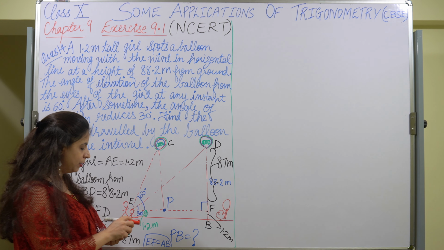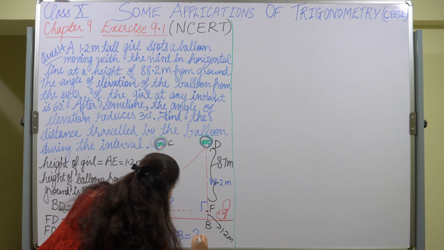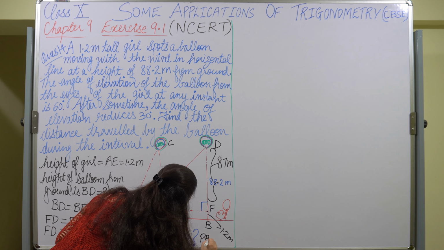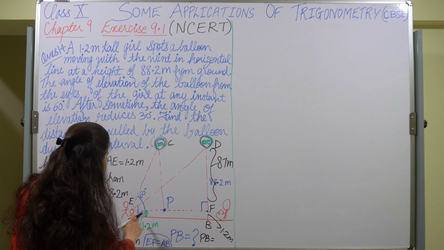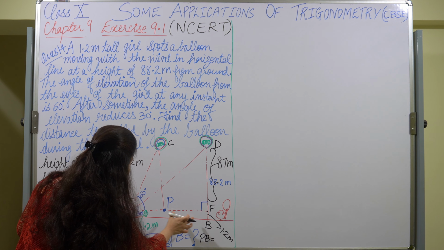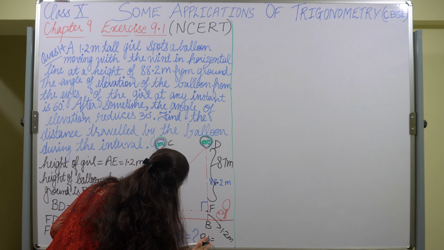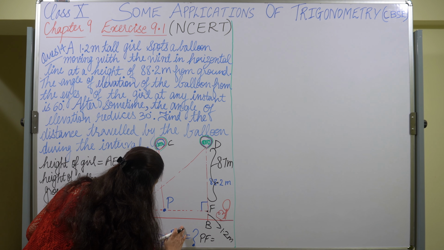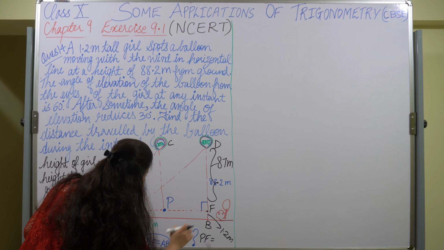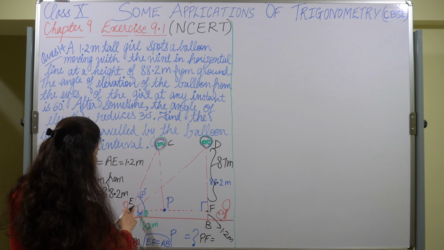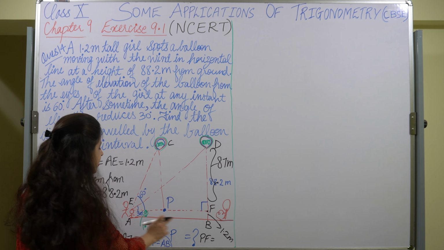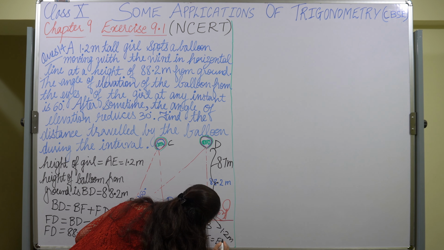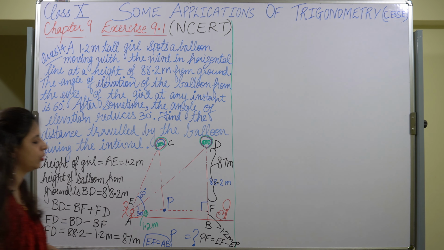How will I find PB? I will be subtracting. PB, or you can say PF, will be equal to EF minus EP.